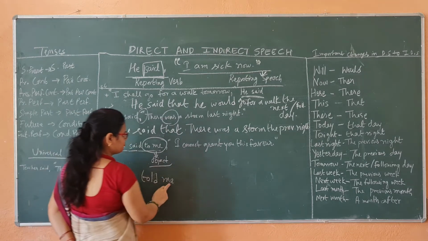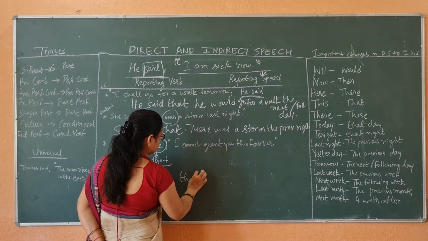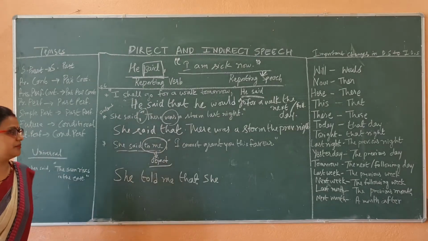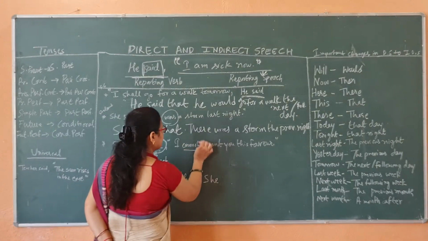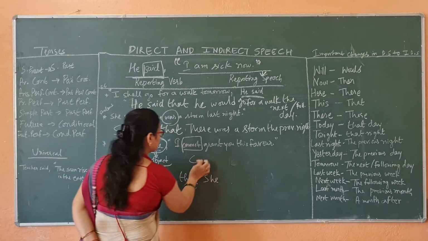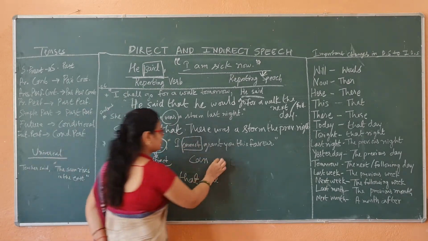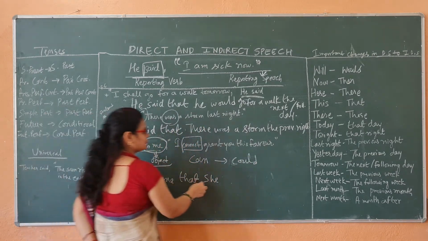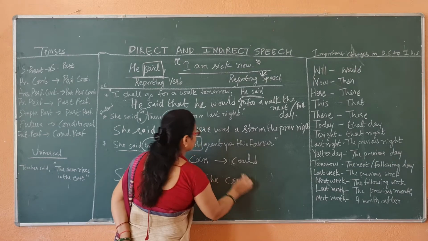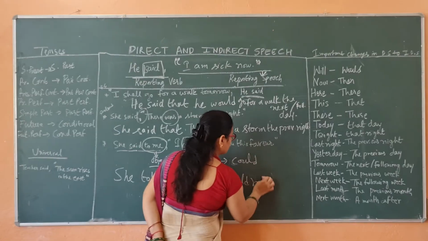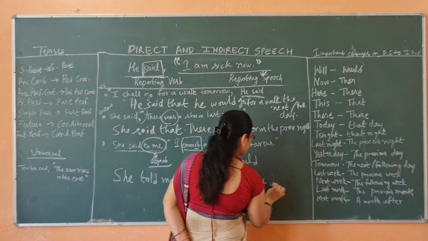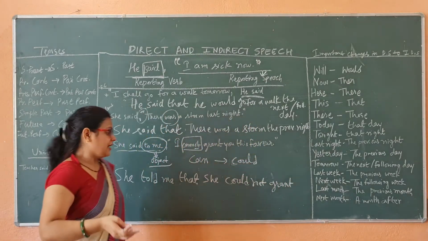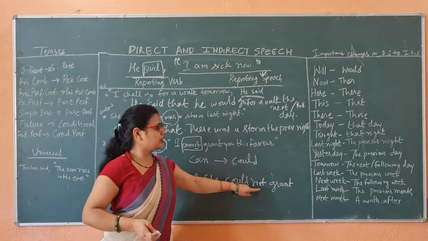So she said to me that she, now again a change comes. Here you can see cannot, can changes into could. Very good. So she told me that she could not grant you.